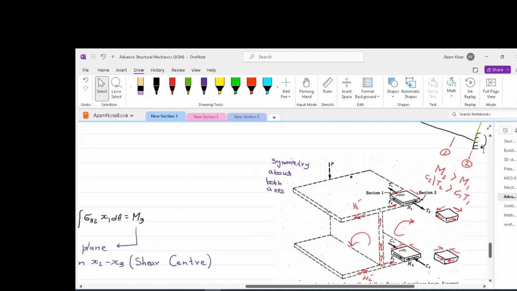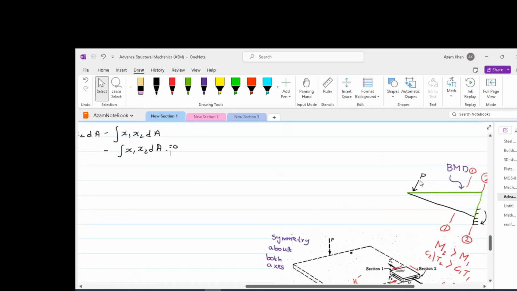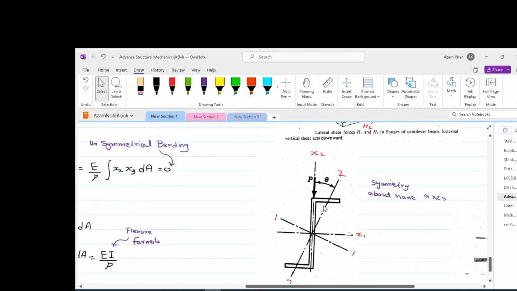Again, we assume a cantilever beam which is subjected to load P. Now, this Z section has got a centroid in x1, x2 as shown. The load is applied in the x2, x3 plane. However, we need to check whether the product of inertia is 0 for the x1, x2 plane.